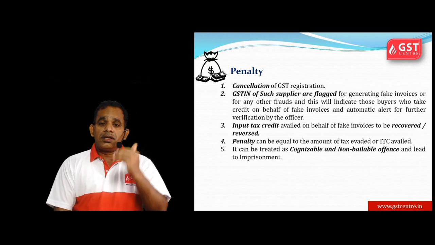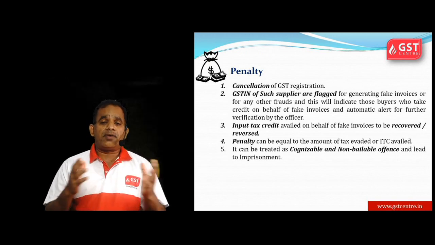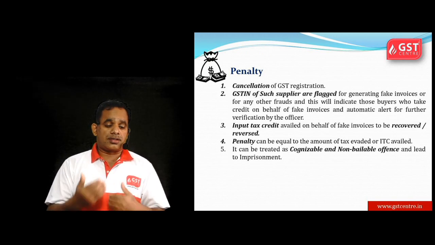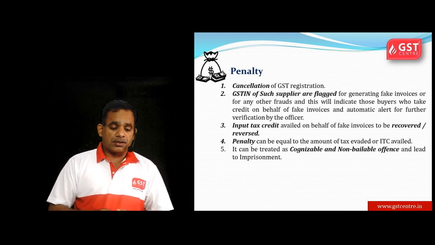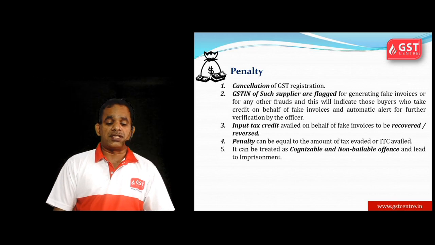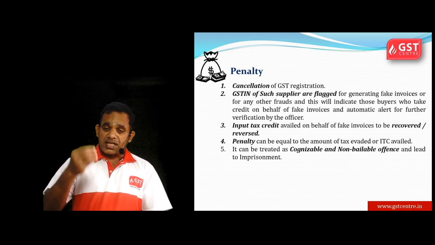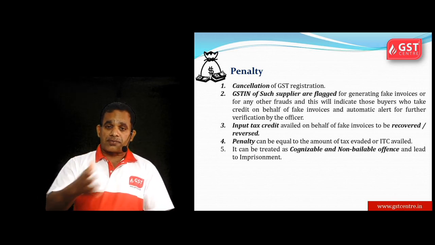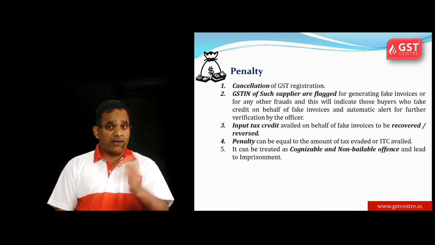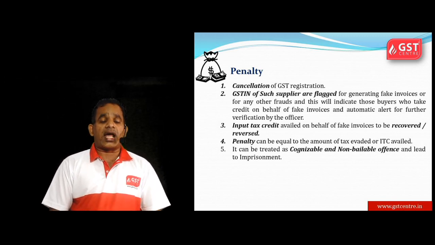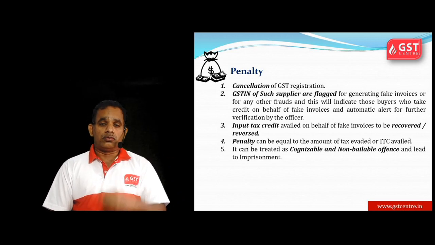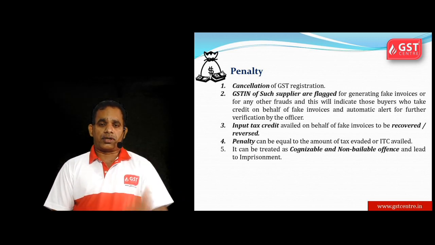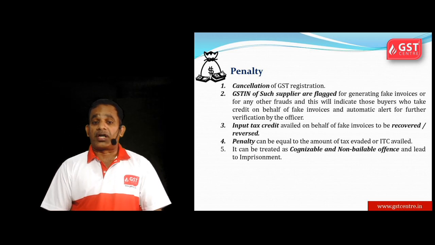Then there is a penalty whenever there is a chance of fake invoice or any other faults from your end, like cancellation of GST registration. Your GSTIN may get flagged by the GST department and they will be watching you. Then input tax credit availed by you by error or fraudulently will be recovered or reversed.